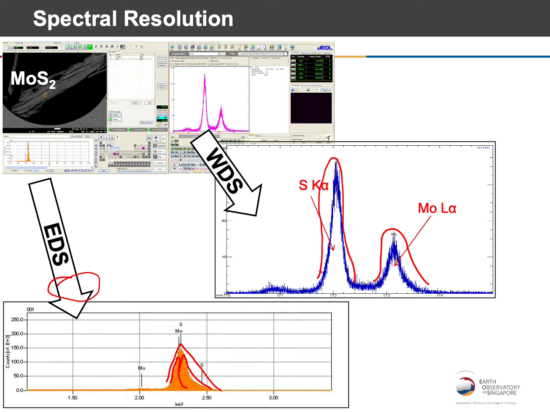But the time to take this spectrum is much longer than the time to take this one, because in WDS you have to do what they call a wave scan. They set a different diffraction angle to get this spectrum.